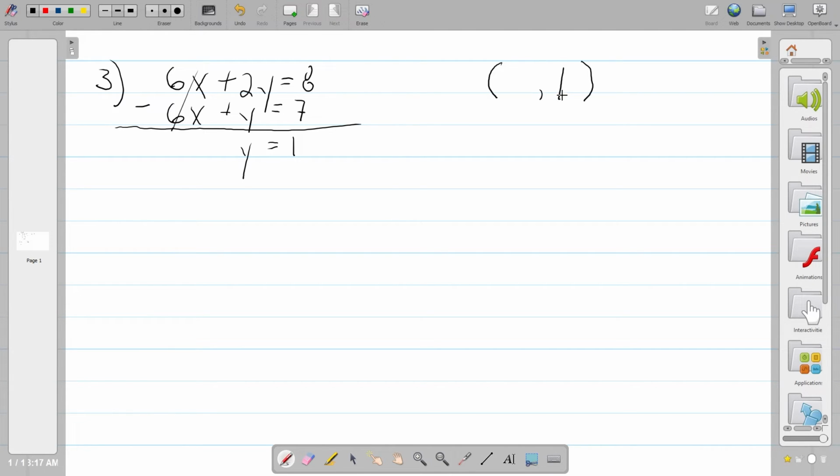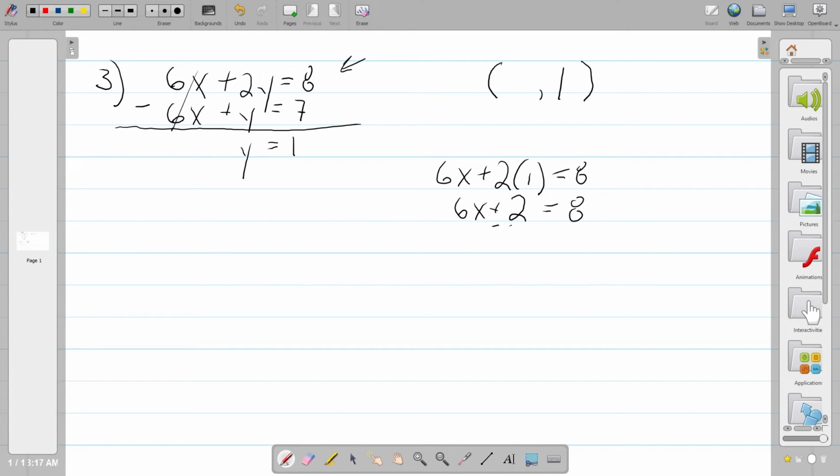So then we'll take our y equals 1. We'll go back to one of our original equations. Let's go with the top one. Why not? 6x plus 2 times 1 equals 8. 6x plus 2 times 1 is 3. Is it really? It's 3. 2 times 1 is 2 equals 8.